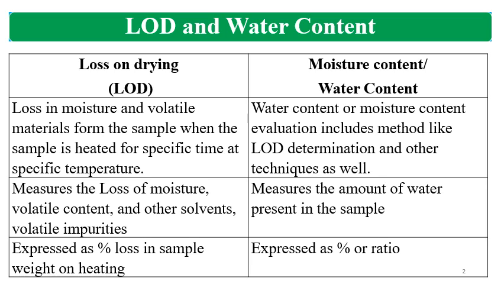LOD measures loss of moisture, volatile content, other solvents and impurities, while the water content measures the amount of water present in the sample. LOD is expressed as percent loss in sample weight on heating, and water content is expressed as percent water content or sometimes the ratio.